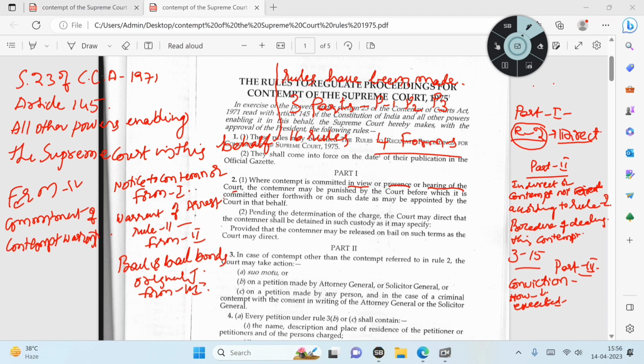Then, what can the court do? The contemptor may be punished by the court before which it is committed.